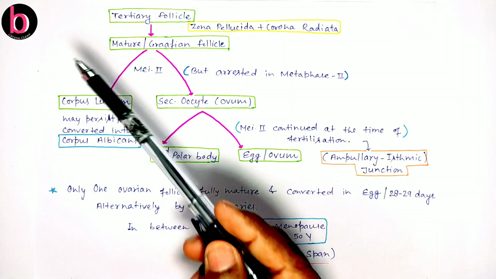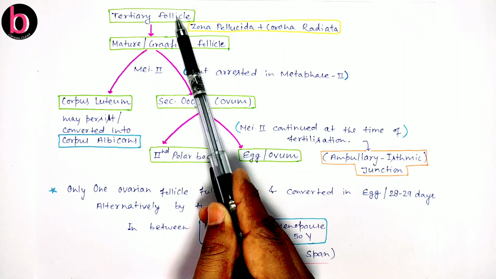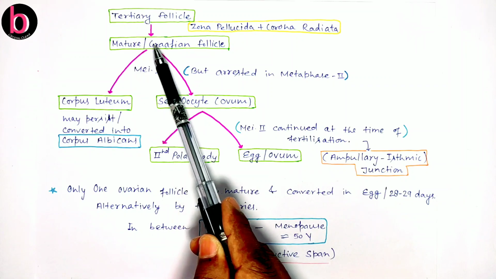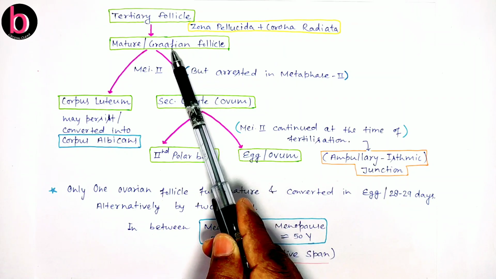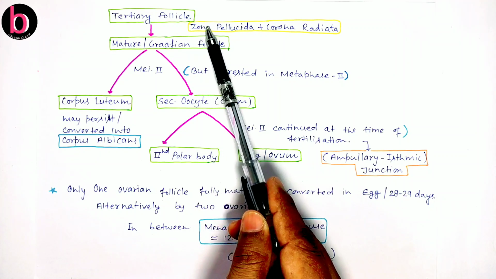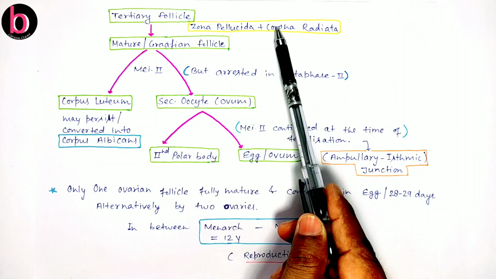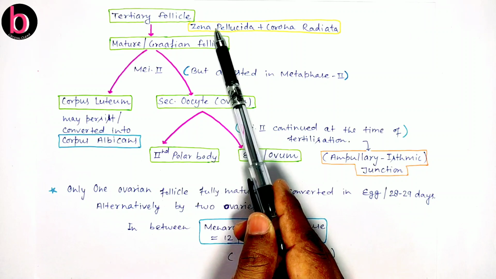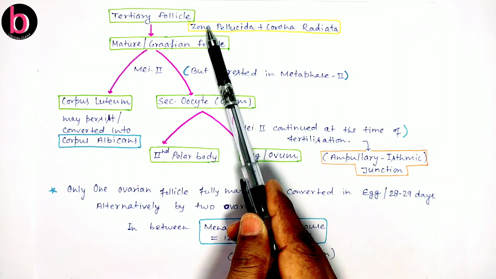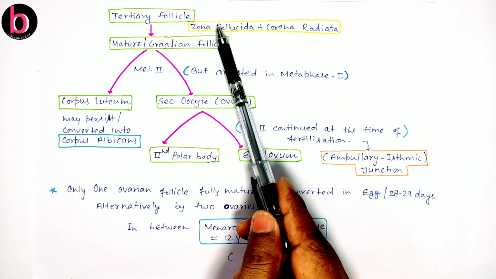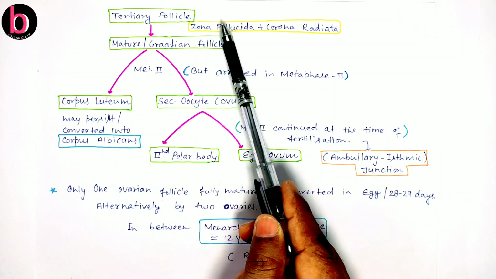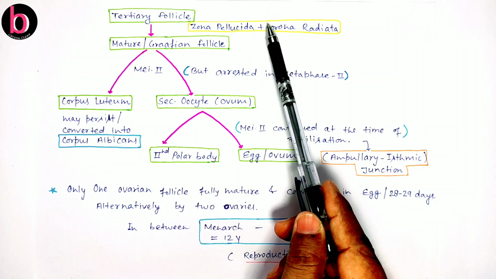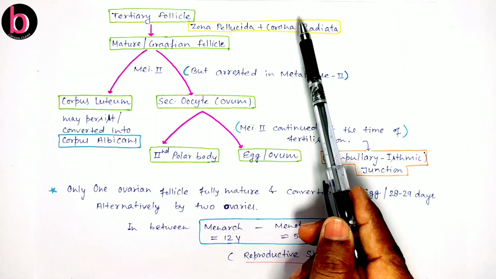Further, after a number of changes in the tertiary follicle, it gets converted into the mature or Graafian follicle. What are the changes here? There will be addition of two more layers. The first is the zona pellucida, which is formed by the secondary oocyte around itself. This is a non-cellular proteinaceous layer, while outside this zona pellucida there is another layer known as the corona radiata.